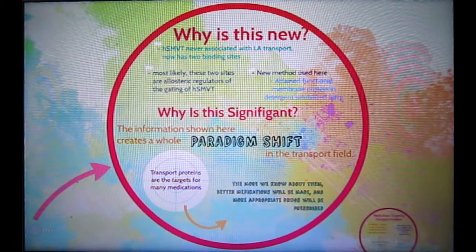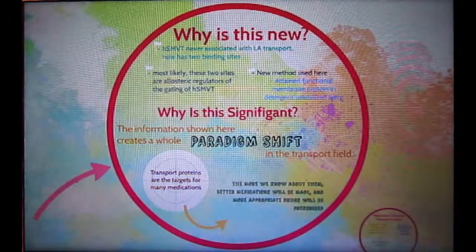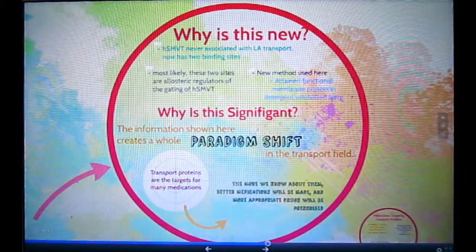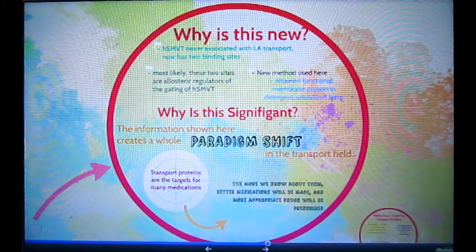So this method can be used in all different sorts of transport proteins, not just HSMVT, but now binding studies can be performed on other transport proteins that might not have been possible in past years because of the lack of technology to do so. So this is also a great method that can definitely be used in the different transport proteins.